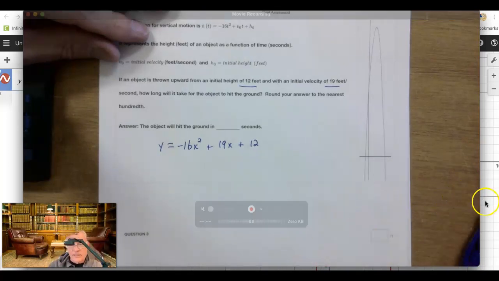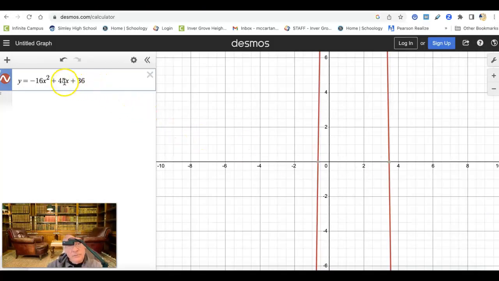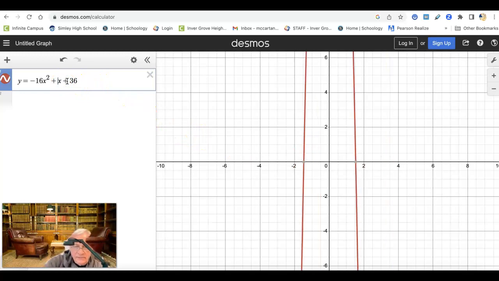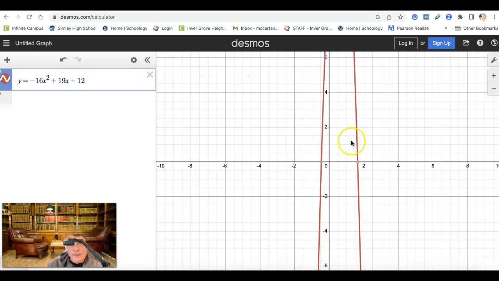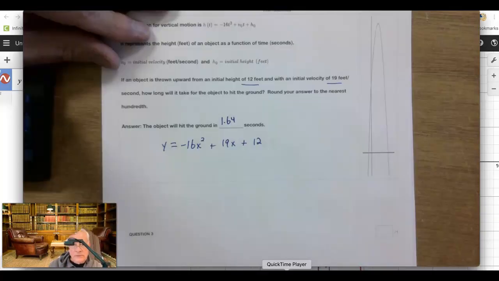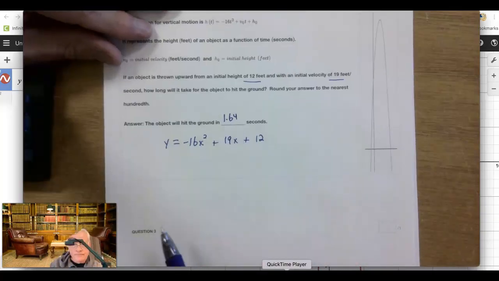So again, just go to Desmos. Put 19 here and 12 over here. Right click right there. There's the answer, 1.64 seconds. All right, so I put that right there.